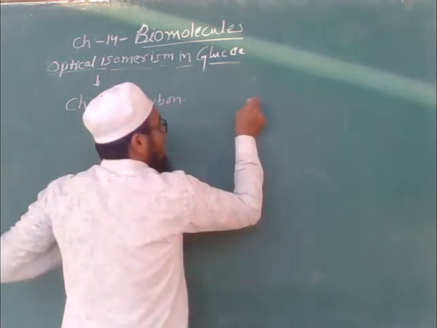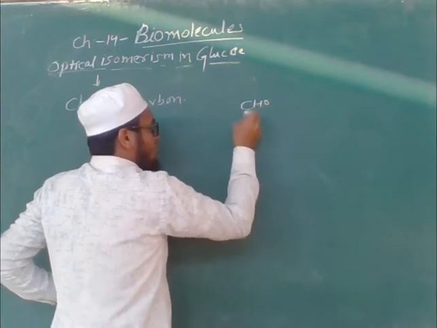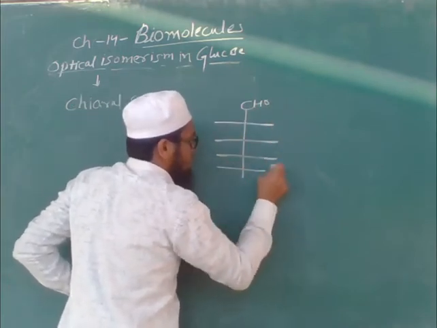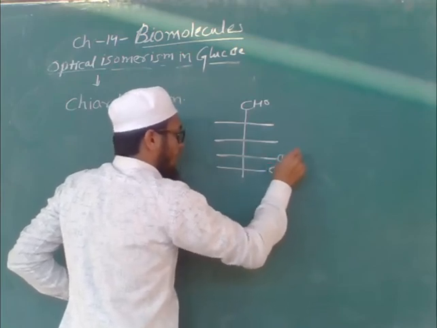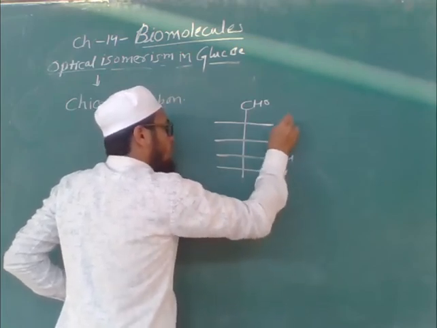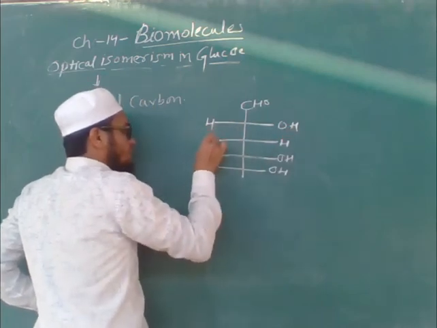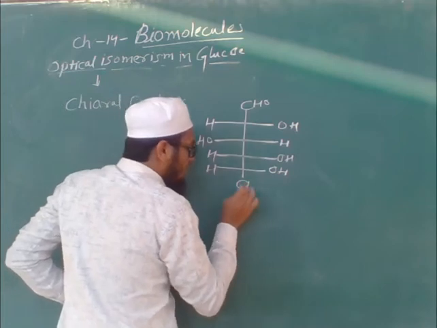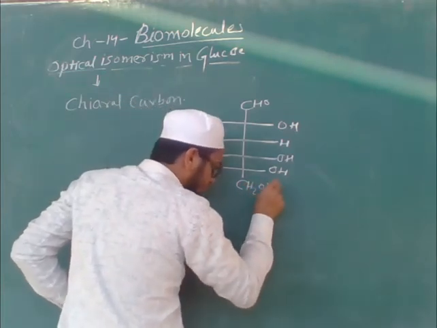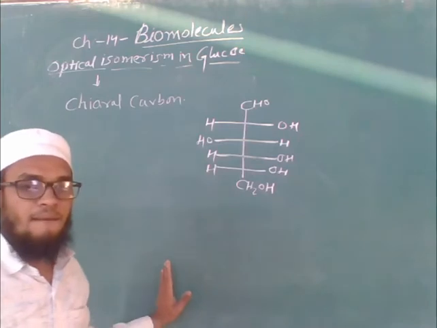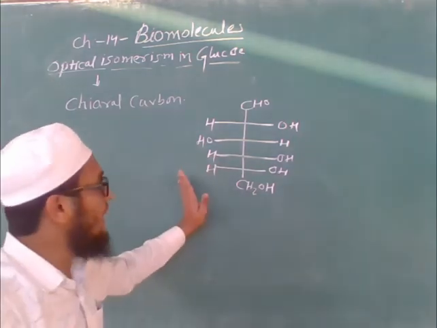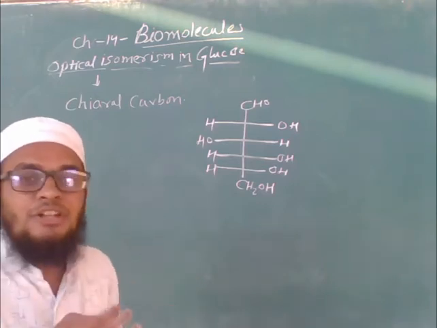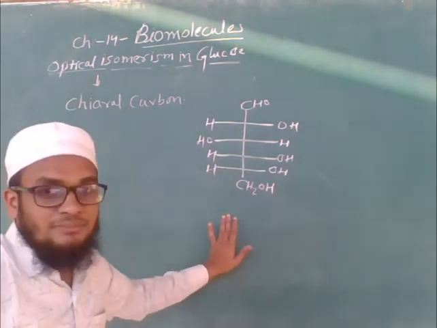Let's check. The structure of glucose is CHO, OH, OH, H, OH, H, OH, H, H, CH2OH. I have drawn this structure several times in our previous discussion, but I have not said who gave this structure.